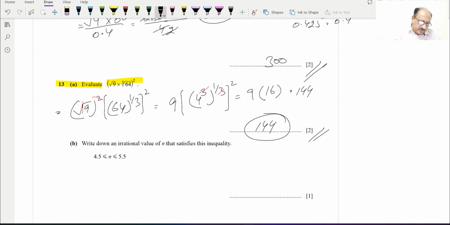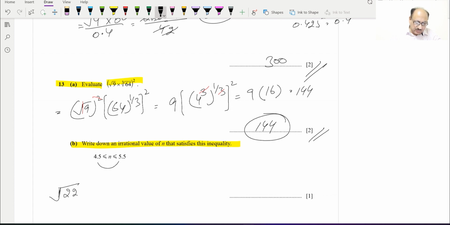Now B part says write down an irrational number n that satisfies this inequality. So we need to write basically something which should be in between 4.5 and 5.5. So if we take root 22, which is in root format, it is an irrational number. So this will be a decimal value like 4.69.